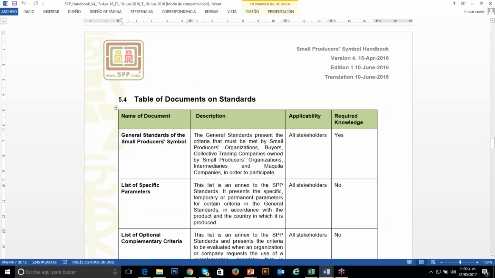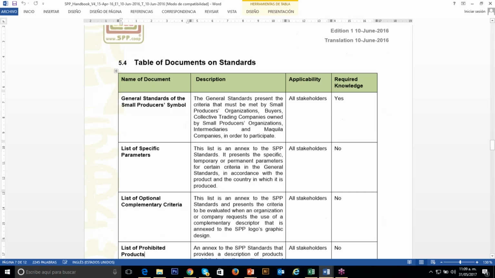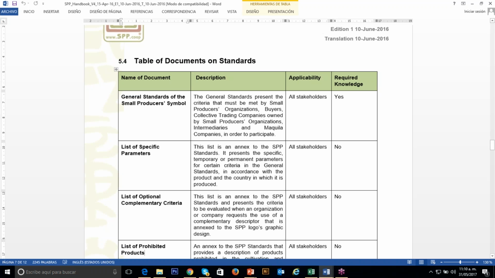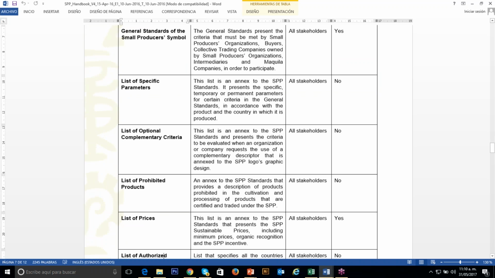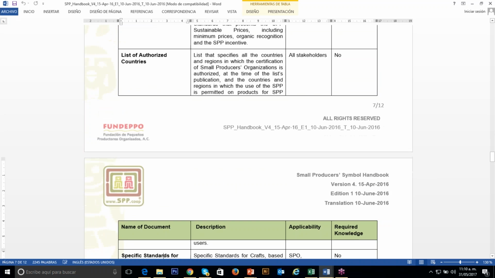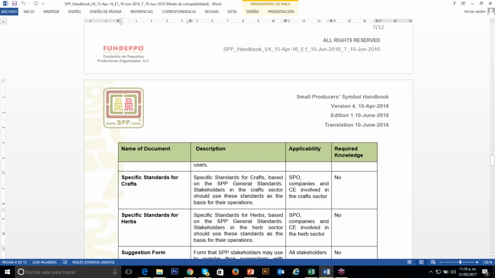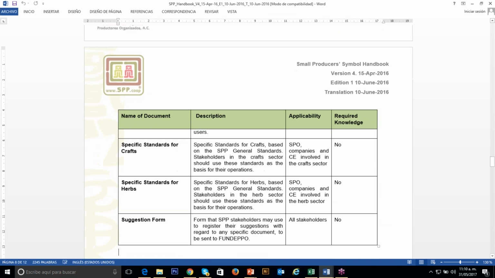This presents the different documents on standards. Remember yesterday that we reviewed the general standard and the annexes: list of specific parameters, list of optional complementary criteria, list of prohibited products, list of prices, and the specific standards for crafts, herbs.